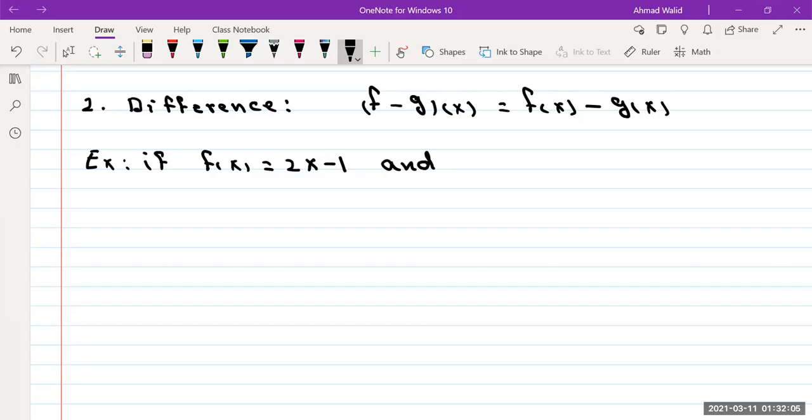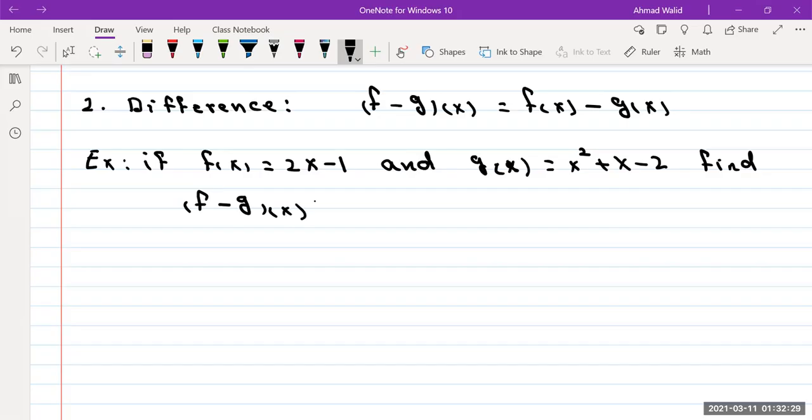And g of x equals x squared plus x minus 2. Find f minus g of x.